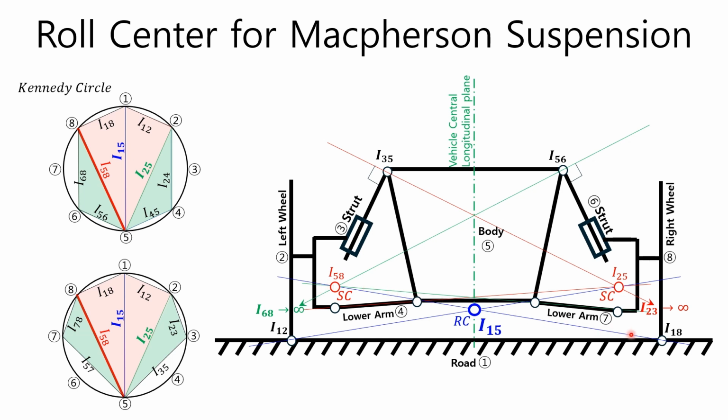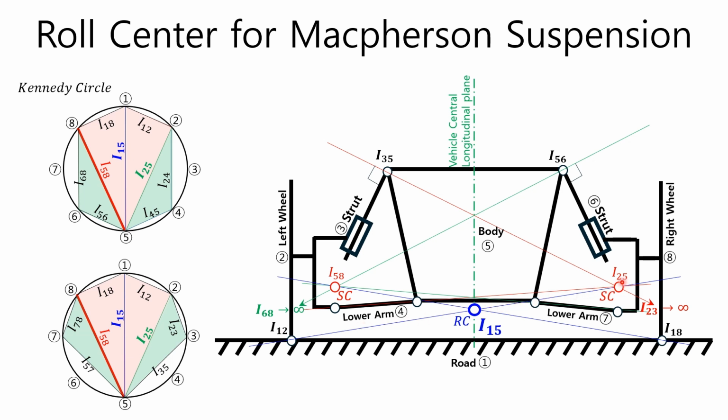Furthermore, the three instant centers I15, I25, and I12 that make up triangle 152 must all lie on a straight line. In order to satisfy the above two conditions, the instant center I15 must exist at the intersection of the straight lines connecting instant centers I58 and I18 and the straight lines connecting instant centers I12 and I25.